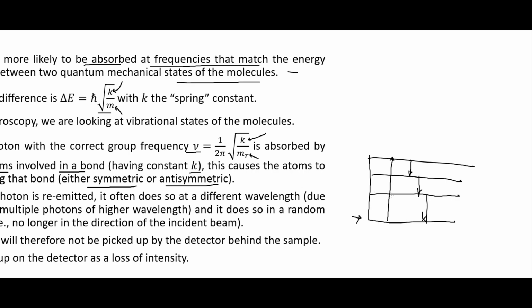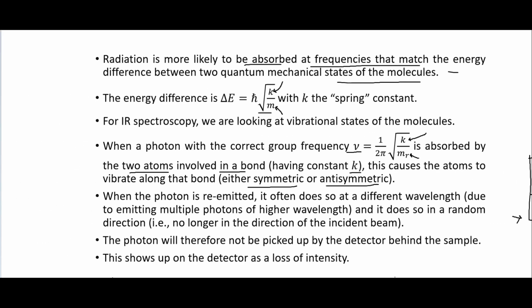So it can go down by steps that way rather than having to go all the way down at the same time. And so that's what I mean by the photon being at a different wavelength when it's re-emitted. And it does this in a random direction, and so no longer in the direction of the incident beam that's going into our sample.